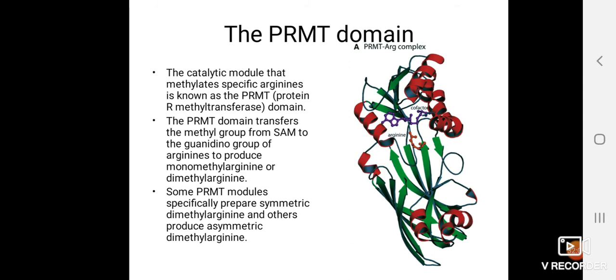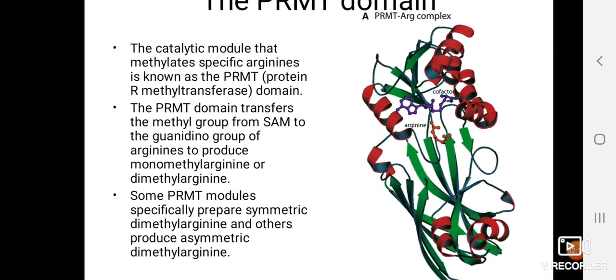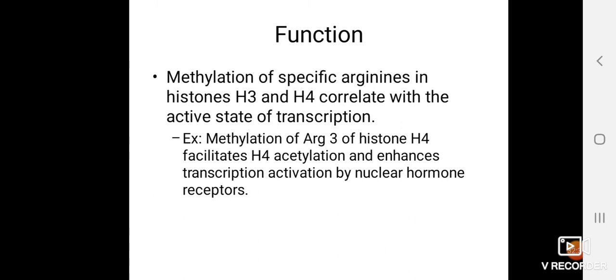This is the PRMT domain, which specifically is involved in the transfer of the methyl group. Here the donor is SAM, S-adenosyl methionine, which transfers to the guanidino group of arginine to produce monomethyl arginine or dimethyl arginine. Type 1, type 2, if you remember, we discussed earlier.